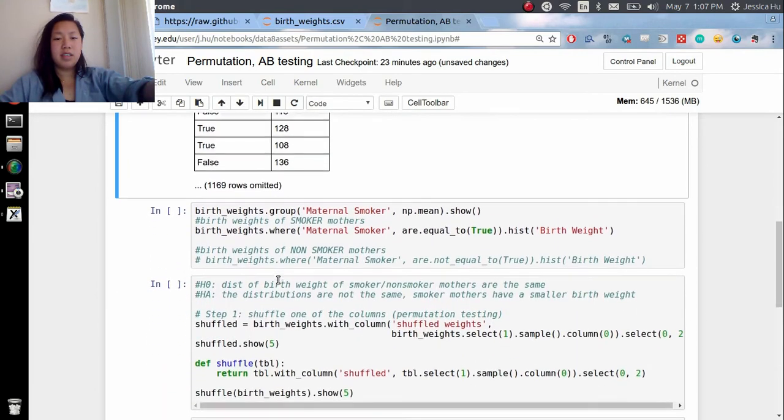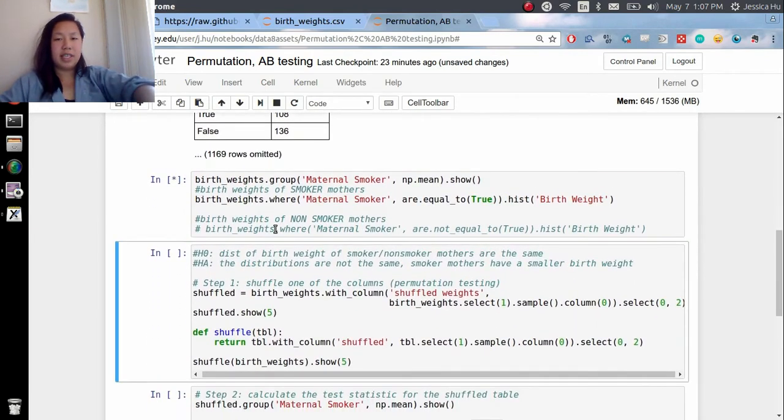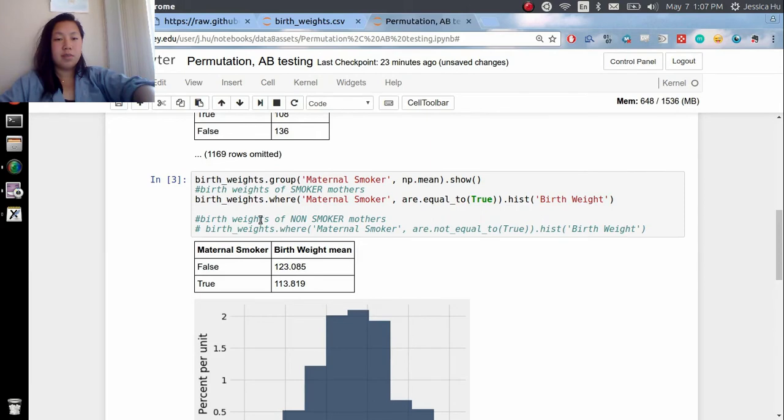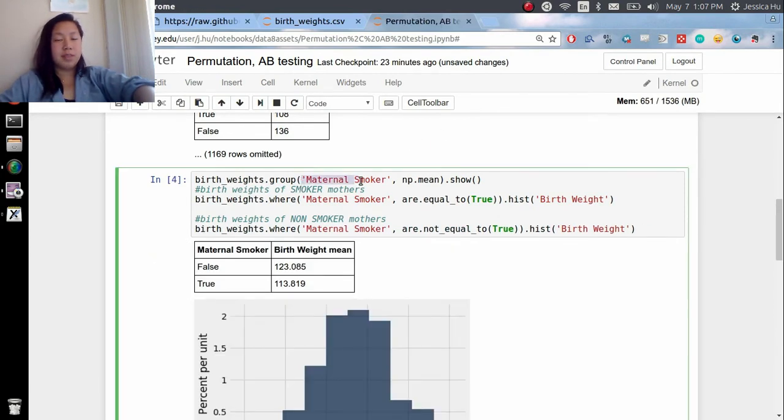Then here, I grouped by maternal smoker status, false or true, and took the mean of all the birth weights. So here you can see if the mother is not a smoker, the birth weight is higher than if she was a smoker. But again, we don't know if that's just our sample or if something weird happened. So that's what we're going to test later.